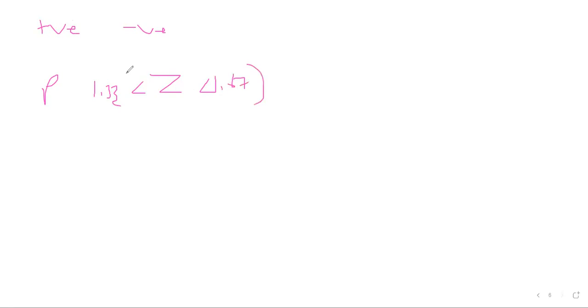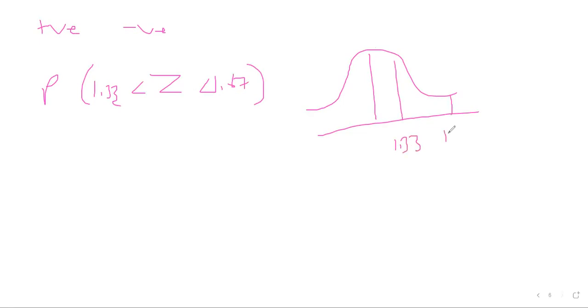Right? So both of them are positives. So you need to illustrate them here. Step 1, illustrate. So we have 1.33 and 1.67. So this is 0 here. Then you shade in between these two intervals.